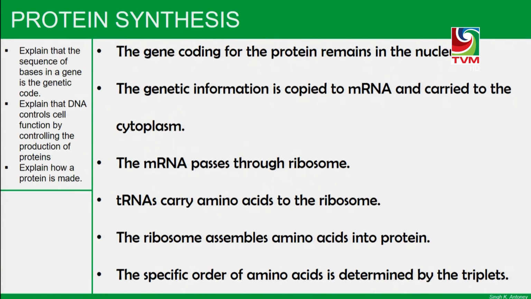Then what is happening? Copying down, transcription takes place. Genetic information is copied to mRNA and carried to the cytoplasm. Then the messenger RNA or mRNA passes through the ribosomes or gets attached to the ribosomes, and based on the triplets, the transfer RNA carries amino acids to the ribosome.